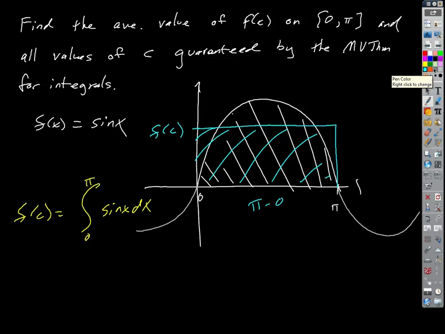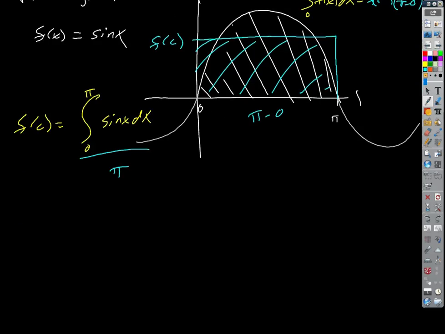So the integral of f of x dx from 0 to pi equals height times width, right? So if I want to solve for f of c, I'm just going to divide each side through by pi minus 0, or pi, right? So what do we get?